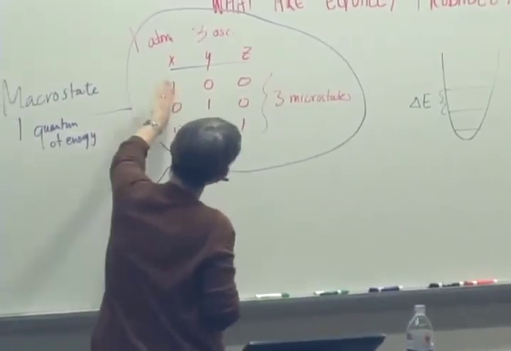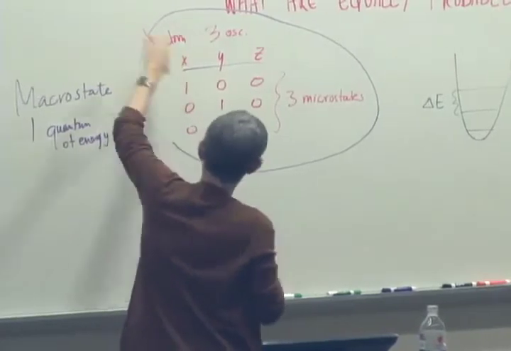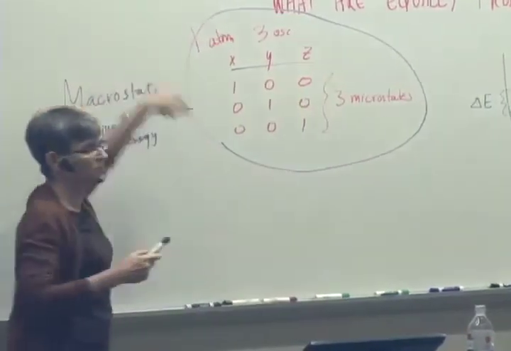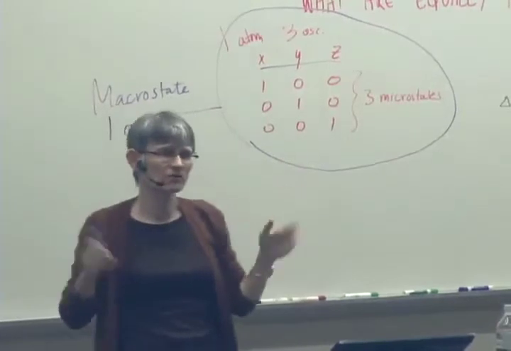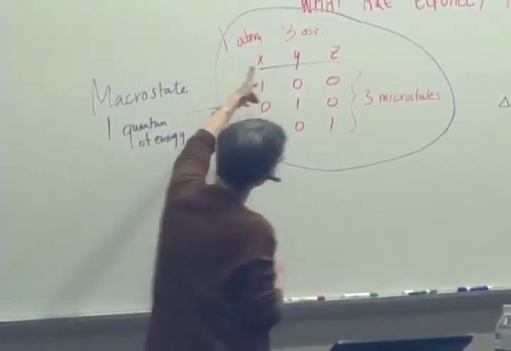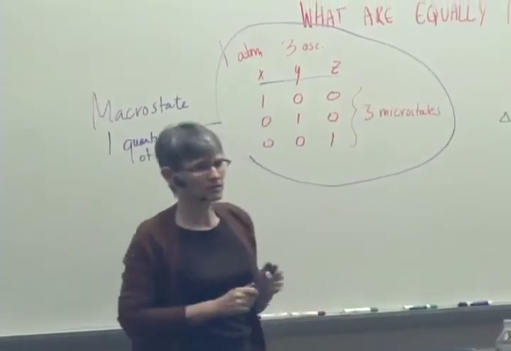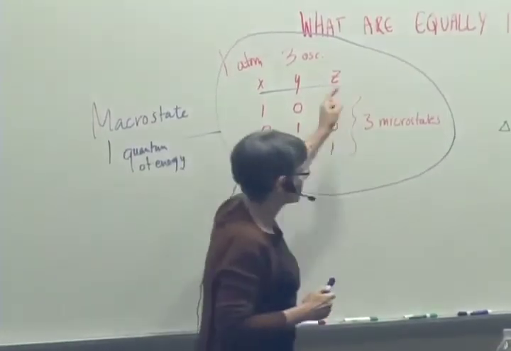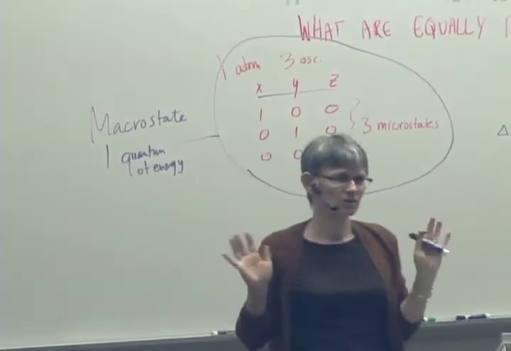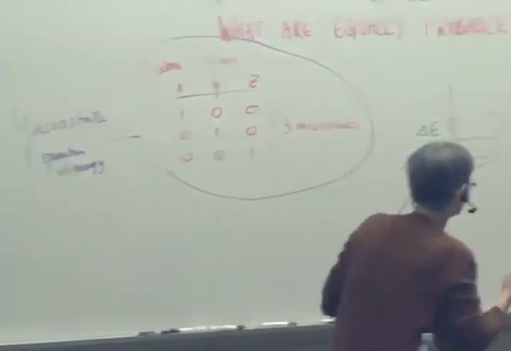So our fundamental assumption says, given the specification of a macrostate, given the total amount of energy you've got, and the model of how many places you have to put it, any arrangement, each of these microstates, is equally probable. So that's important.